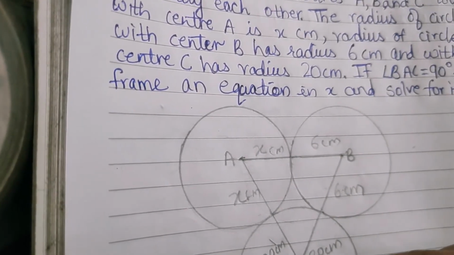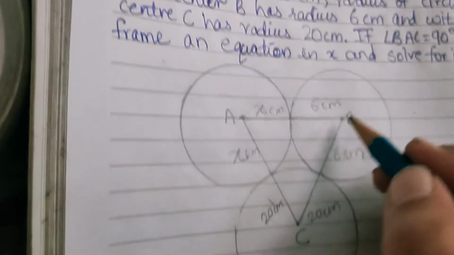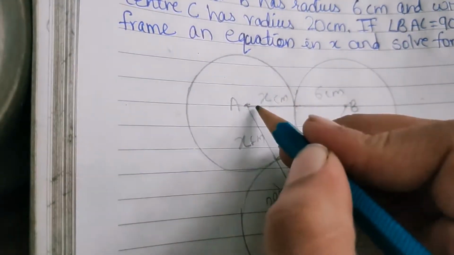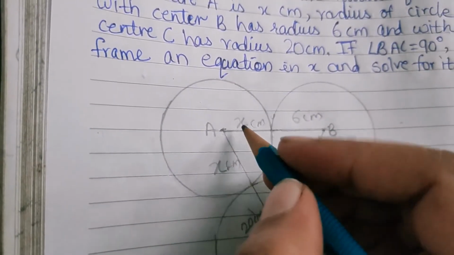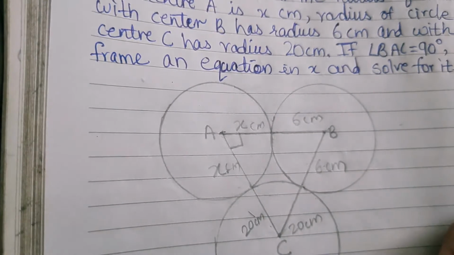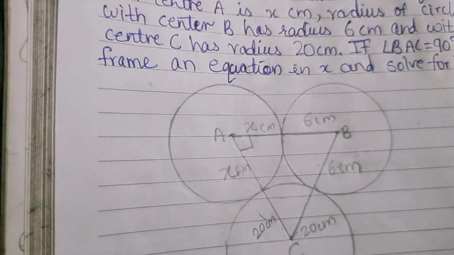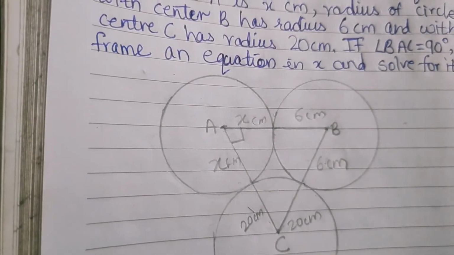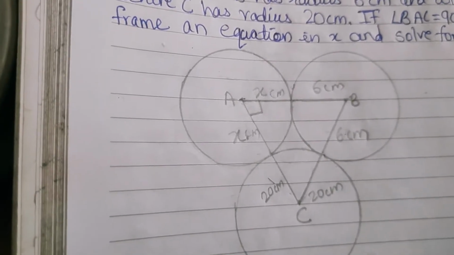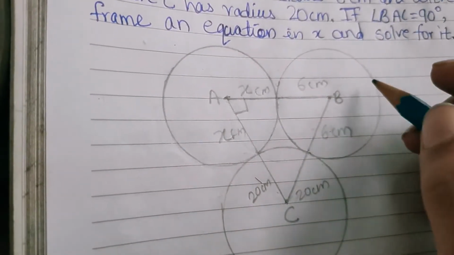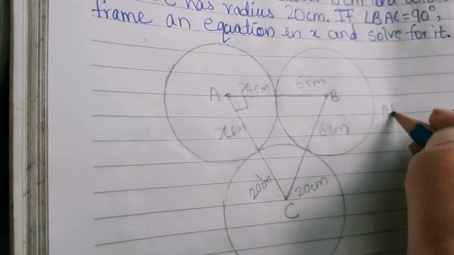Now angle BAC is equal to 90 degree, so this is 90 degree. Frame an equation in x and solve for it. So let's frame the equation. First of all, let's find the values. AB will be what?